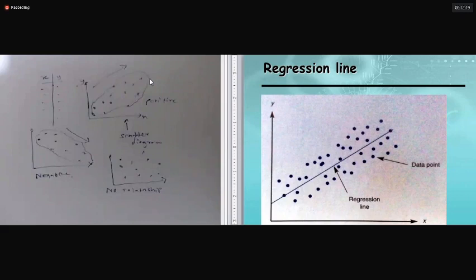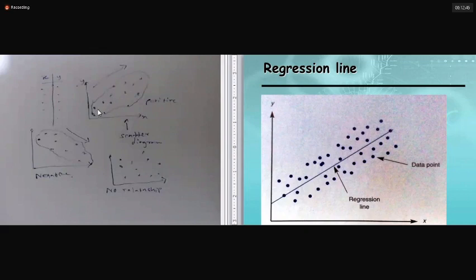When we draw a line, we want to cut as many of these points as possible. But if we try to cut all the points, we cannot draw a straight line because these plots are not in a line.